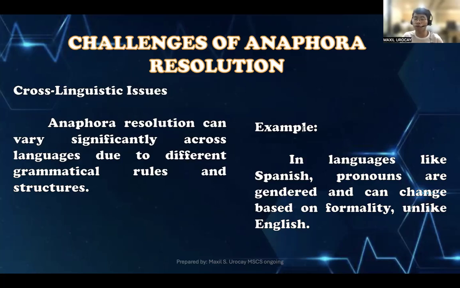The rules for pronoun reference can differ greatly across languages. As I have stated, in Spanish, pronouns are gendered and can change based on formality, which creates complexities when resolving pronouns in multi-language systems. That is really one of the hardest parts of the cross-linguistic issue.